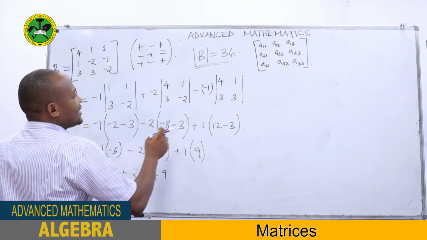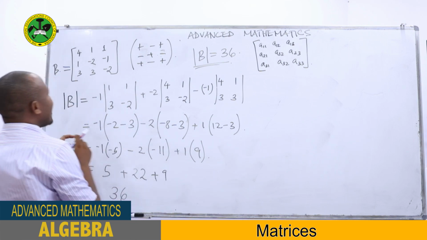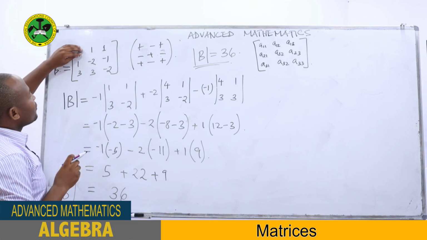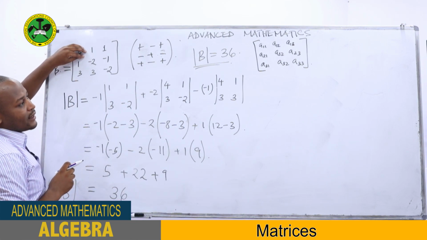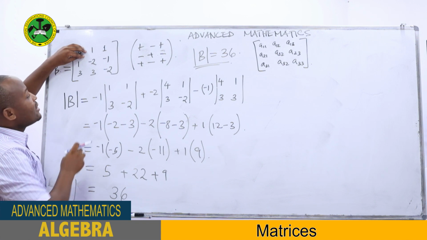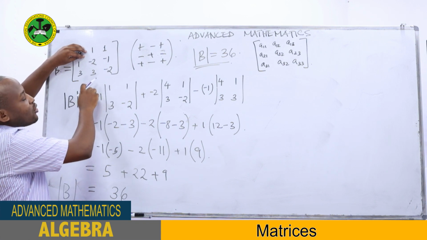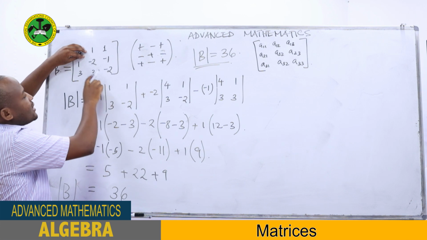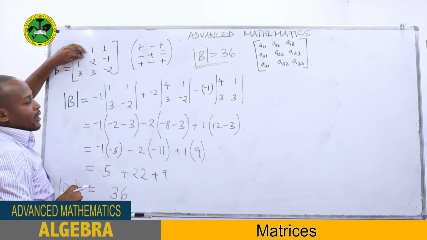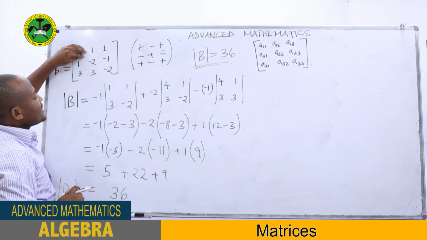Now, when I say A1,1, what do I mean? I mean the cofactor of that element, and the cofactor of that element will be the determinant of the 2 by 2 matrix that is left after covering the element from that position. Now let's see.